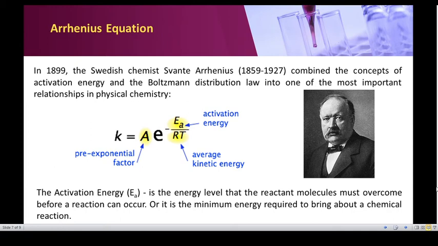The Arrhenius equation is given by k is equal to A e power minus Ea divided by RT, where A is the Arrhenius constant or pre-exponential factor, Ea is the activation energy, and RT is the average kinetic energy. So what is activation energy? It is actually the minimum energy that is required to bring about a chemical reaction.